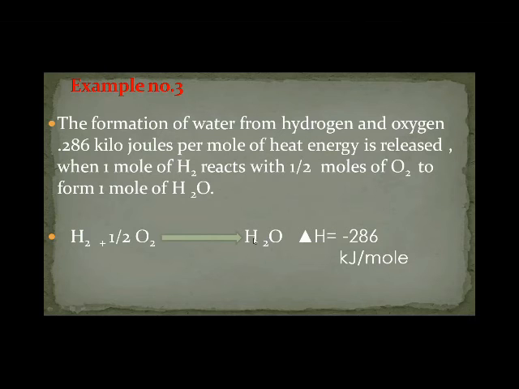It will form water H2O, which is 1 mole, and they will release a delta H value of minus 286 kilojoules per mole. It means formation of water from the combination of hydrogen and oxygen will release minus 286 kilojoules per mole energy. So this amount of energy will always be released whenever water is formed from the combination of hydrogen and oxygen.